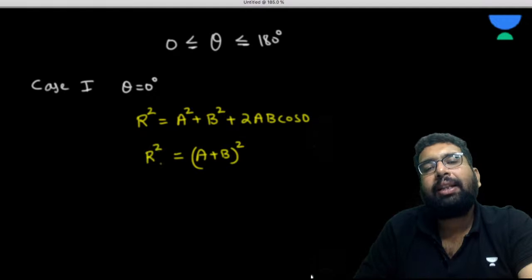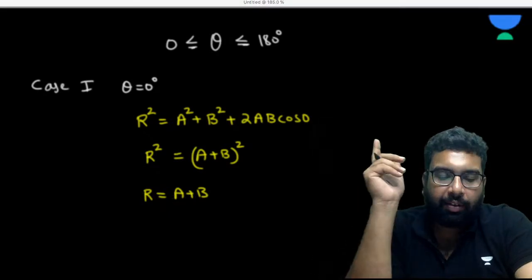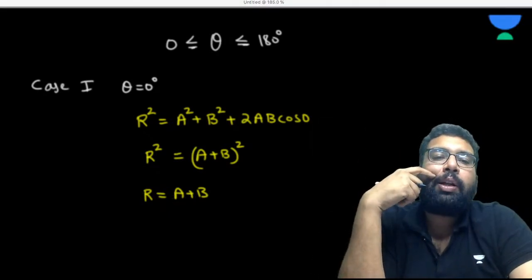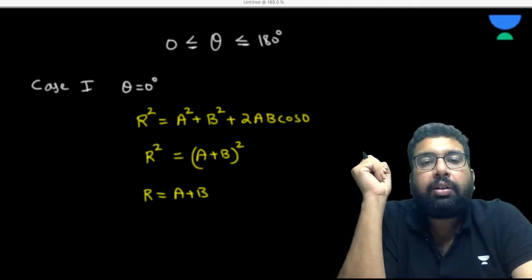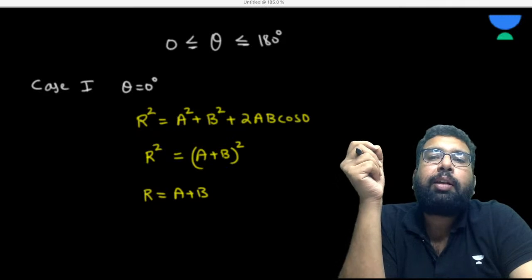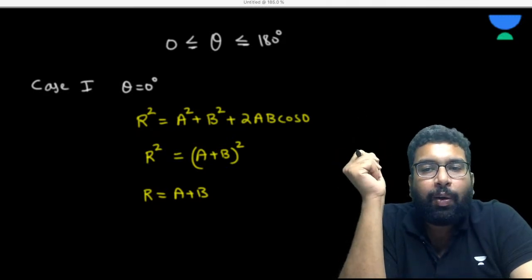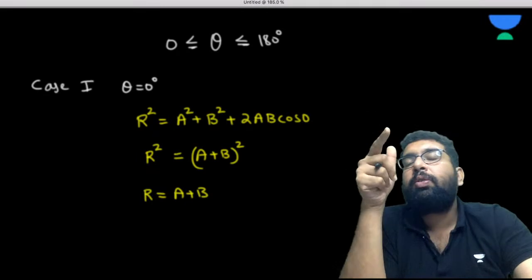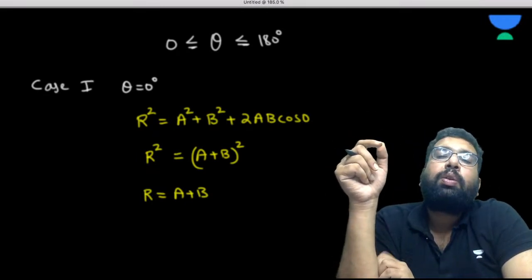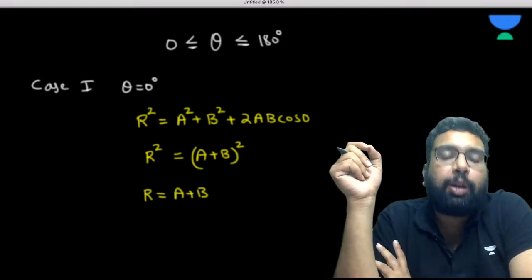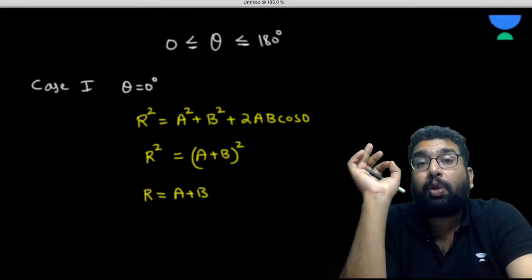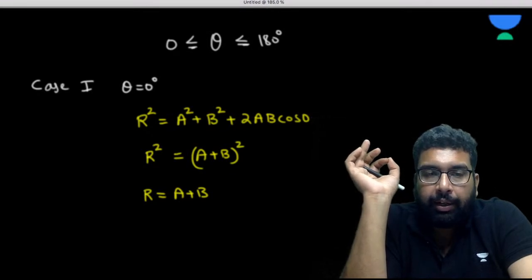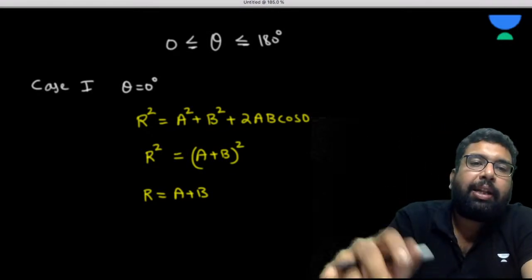So in this case, R is equal to A plus B. I showed you this last time graphically: when the angle between two vectors is 0, they are in the same direction, so their magnitudes get added. And remember in this equation, R square is equal to A square plus B square plus 2AB cos theta, here R, A, B are all the magnitudes of the vectors. I hope this is clear.